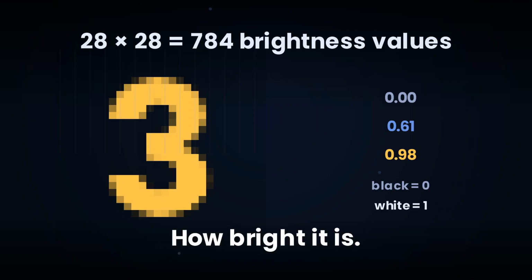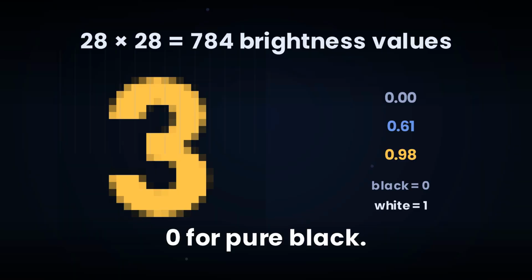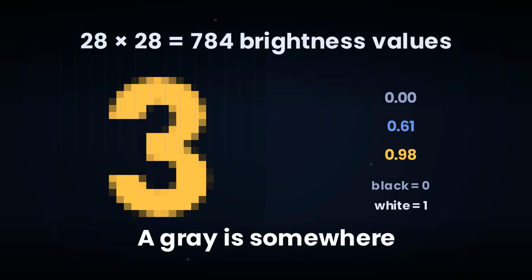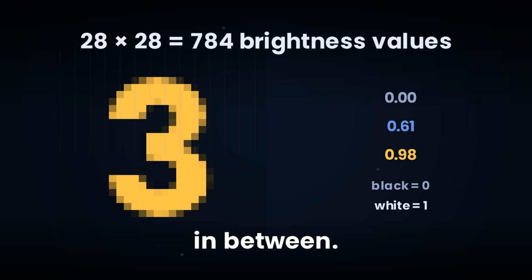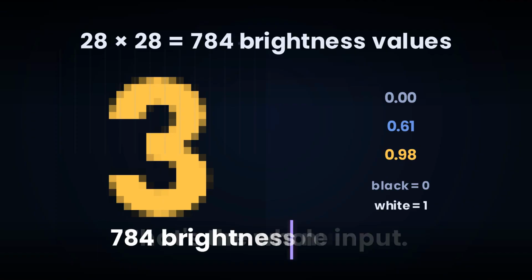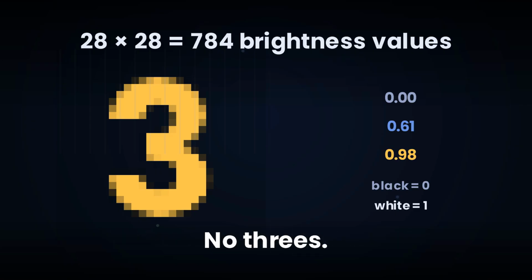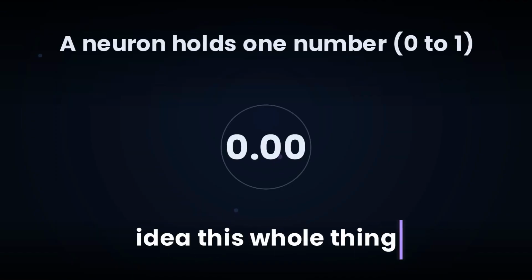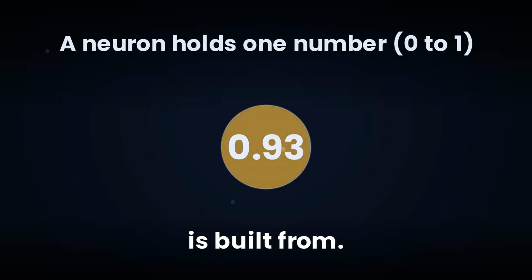How bright it is. 0 for pure black. 1 for pure white. A gray is somewhere in between. That's the whole input. 784 brightness numbers. No threes. No shapes. Just numbers.